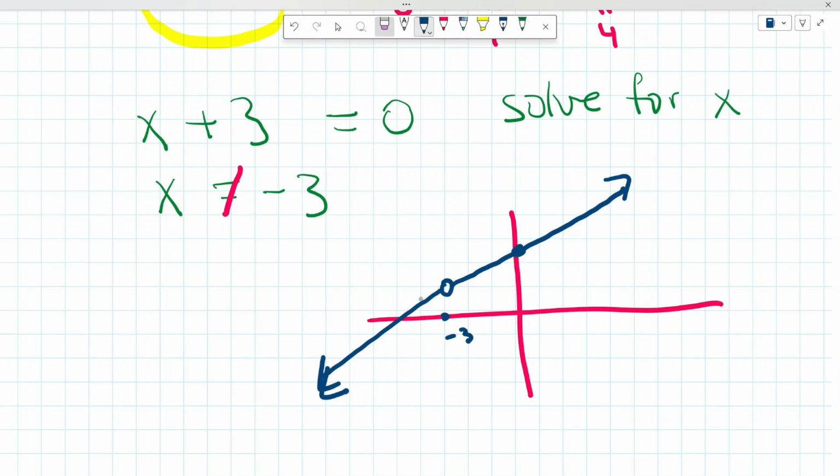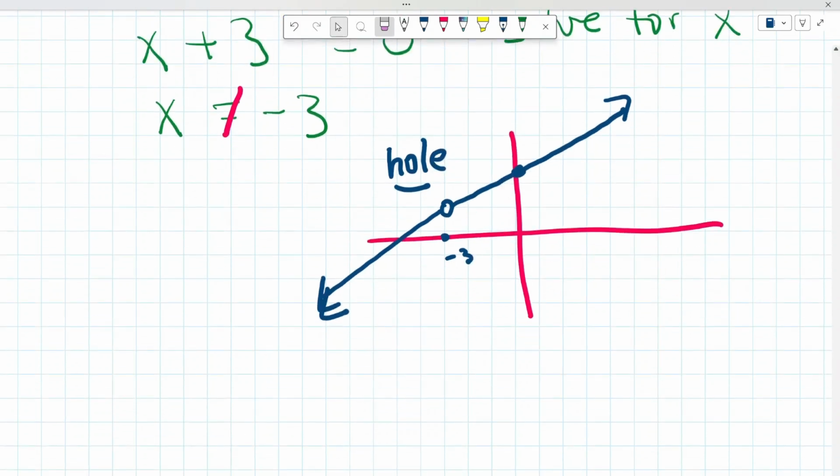At this point, x equals negative 3, the function is undefined, it does not exist, there is a hole. And that is why we have to include this restriction in our simplification of the rational function. That should give you a bit of a visualization so you understand the deeper meaning of what it means when you cancel out like terms in a rational function. Okay, we're going to move on to another example that will allow us to see both holes and vertical asymptotes.